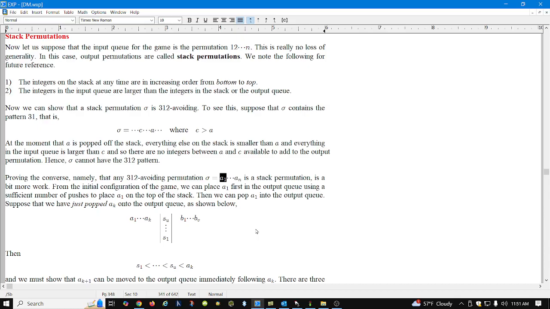So if A1 is buried 5 places in the input queue, 1 through n, we just push the first 5 integers, A1 is now at the top of the stack. We can pop it off the stack and put it in the output queue. It'll be the first element of the output queue.